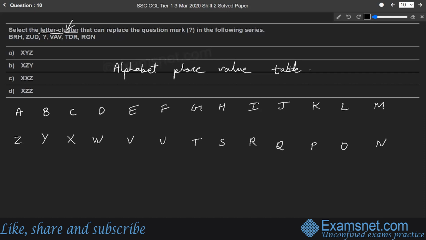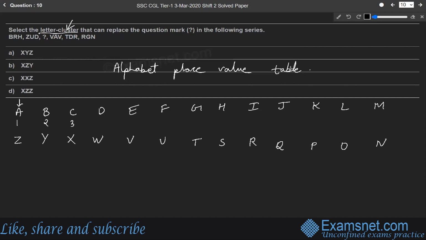What is positional value? For example, we have 26 alphabets and A comes in the first position. So the positional value of A is 1. Similarly, B comes in the second position, right? So the positional value of B is 2.